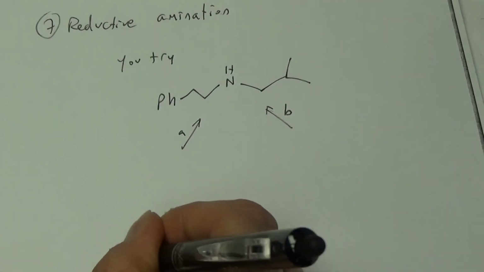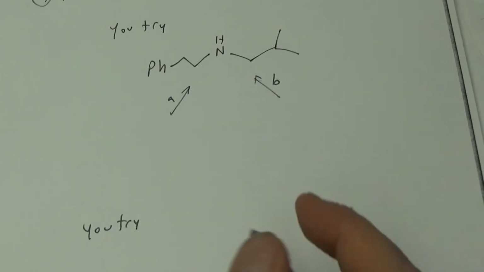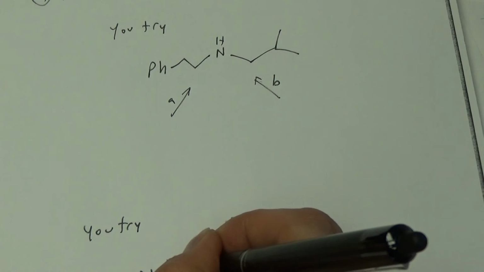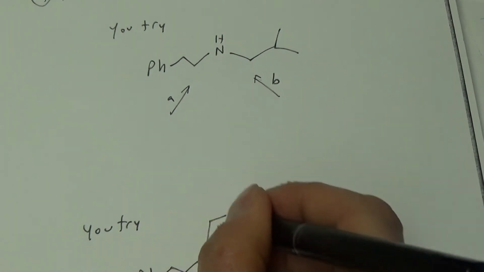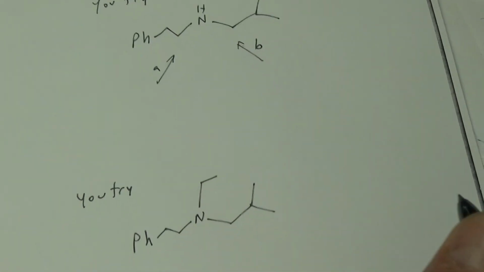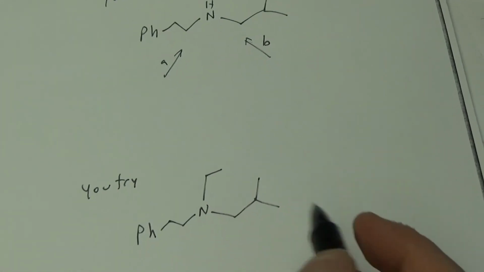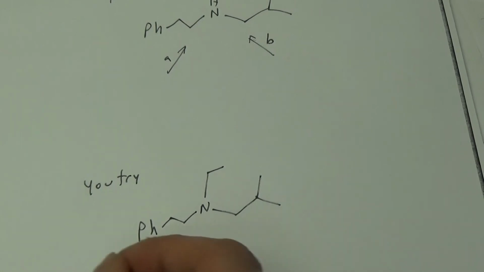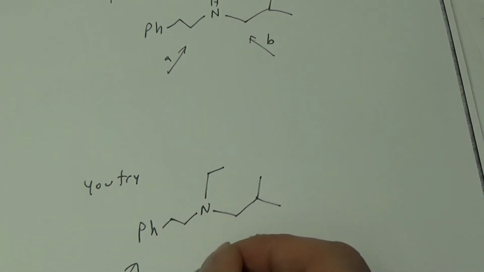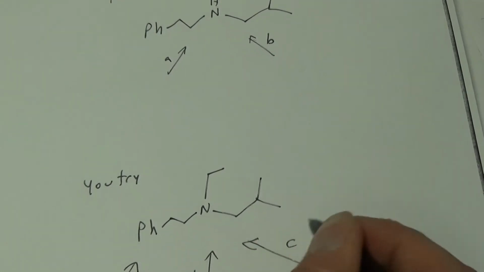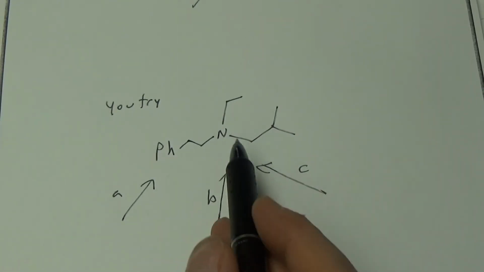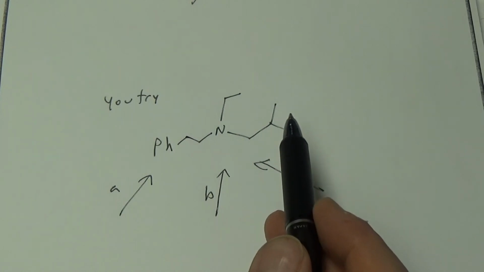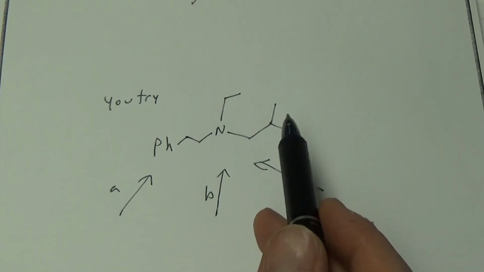All right. Here's one more. You try. What if we change this around a bit and now it's a tertiary amine. So now there's going to be 3 different approaches, A, B, and C. And remember when we made tertiary amines, we didn't make them from imines, we made them from iminiums.